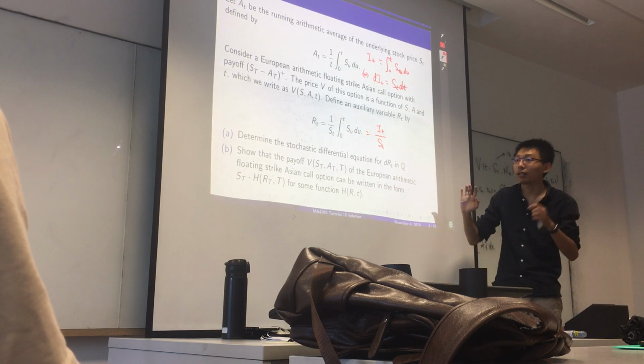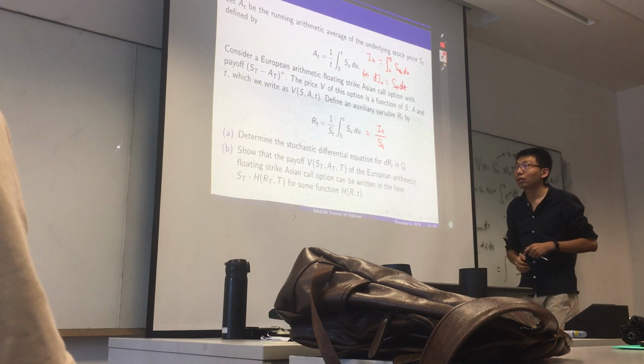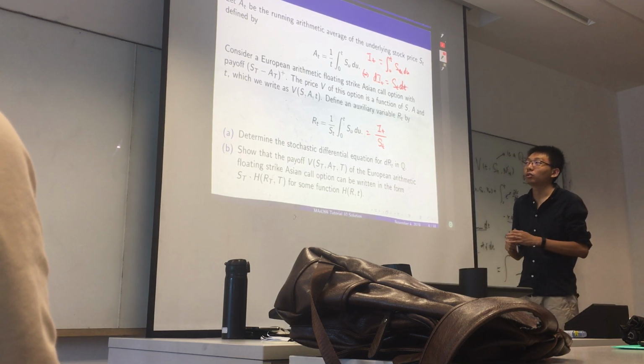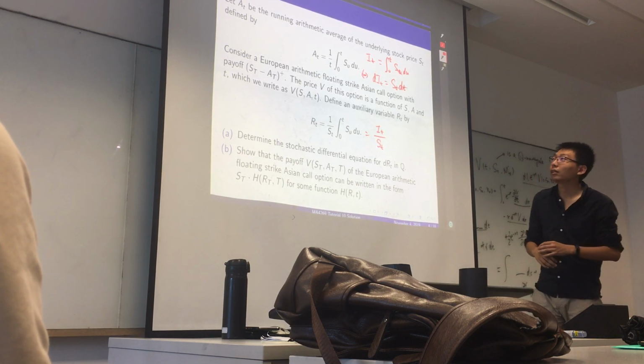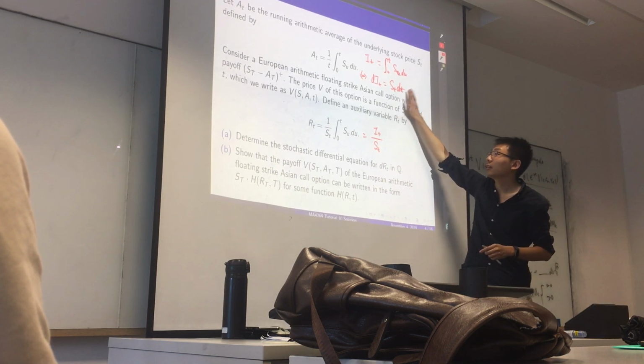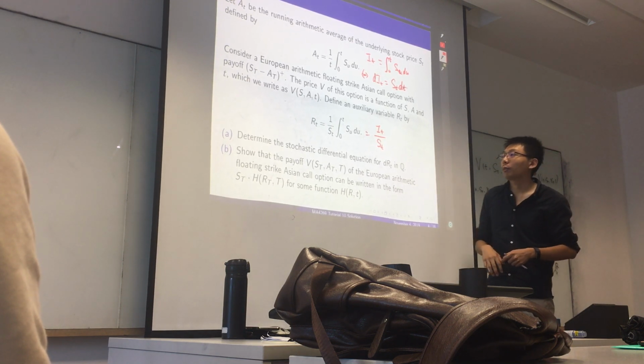It's just a simple definition, a notation. There are no second order derivatives or whatsoever. So that's dIT, and dST is just geometric Brownian motion, and will be fine.